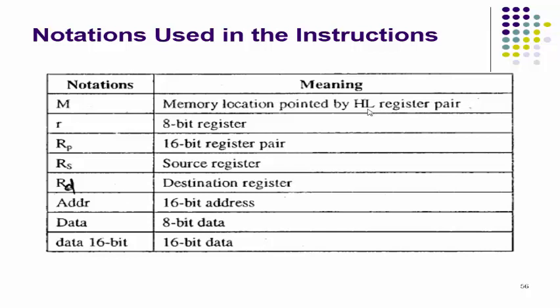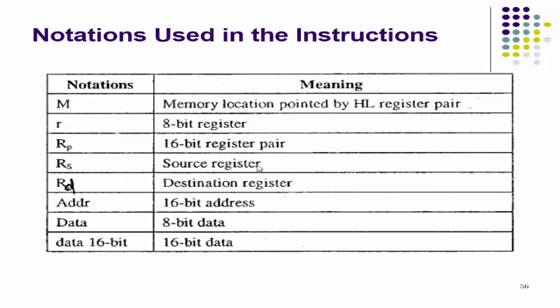In short, the HL register pair contains a memory pointer, that is capital M. Simply R indicates an 8-bit register, and capital RP indicates a 16-bit register pair like the BC, DE, or HL register pair. So subscript P indicates pair.